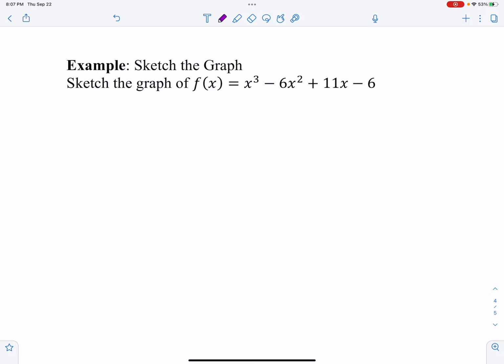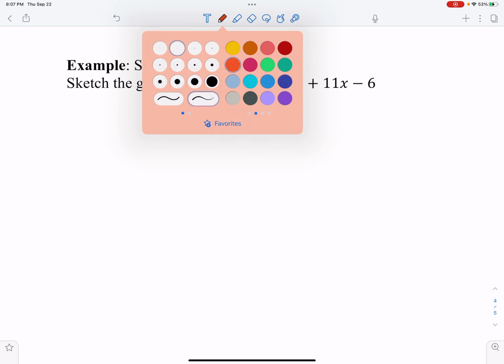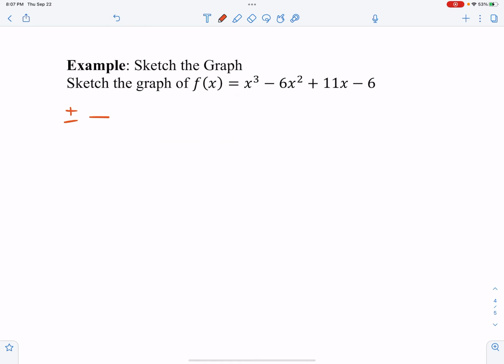So first, thinking rational root theorem, factors of 6 would be 1, 2, 3, 6. And then the leading coefficient is just 1. So that's all of our possible zeros, you can just reference that list actually.